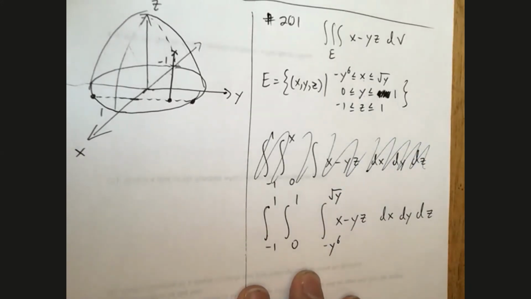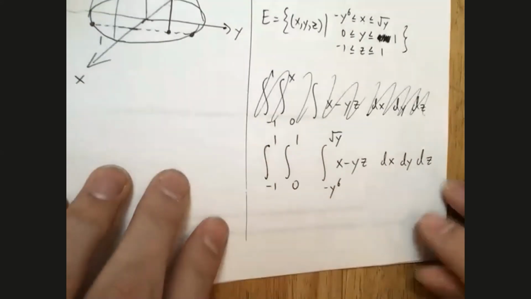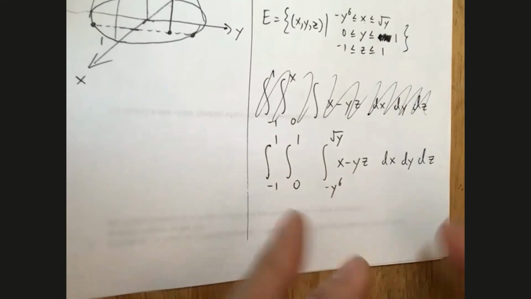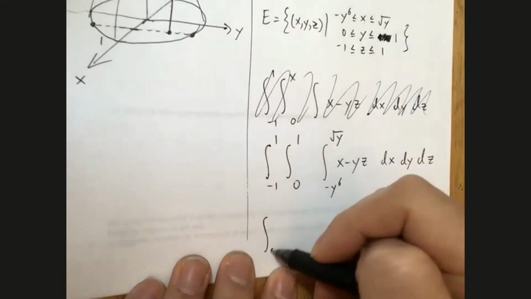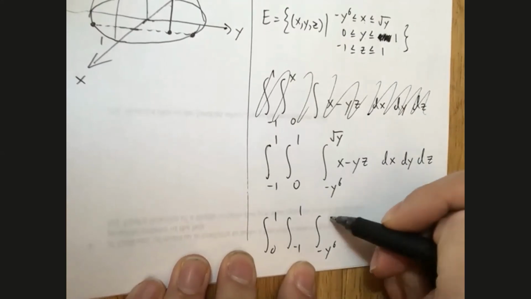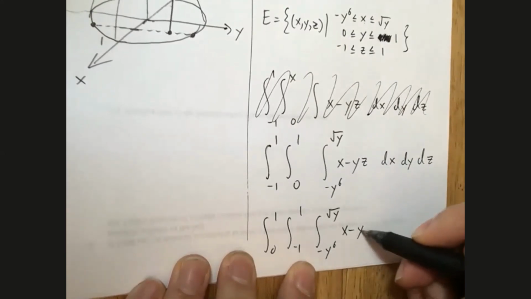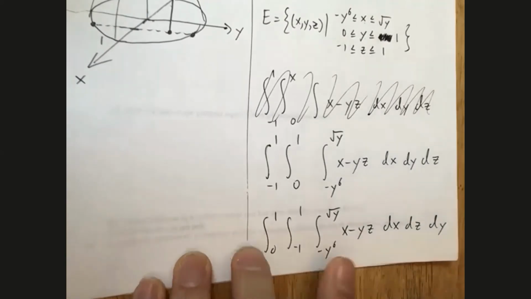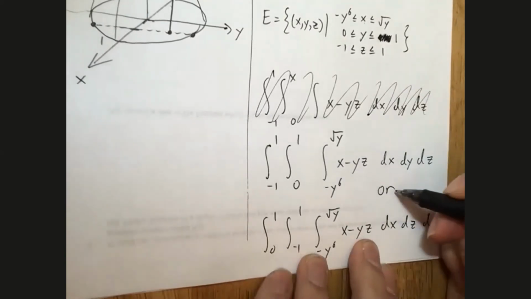That's one way to set it up. We also could have reversed the y and the z because they are both just determined in terms of constants. So we could just flip those around, right? So I could have done it this way as well. These will both work, right?